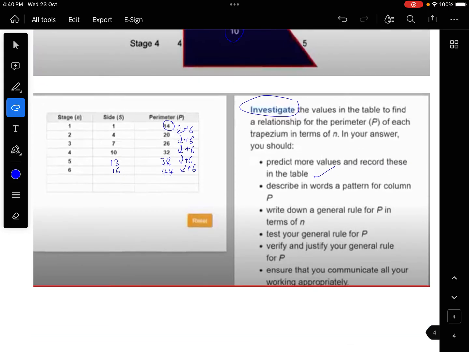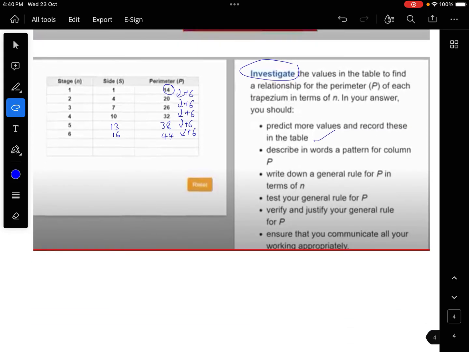So it says describe in words a pattern for column P. So a pattern would be the perimeter P follows an arithmetic sequence as well.